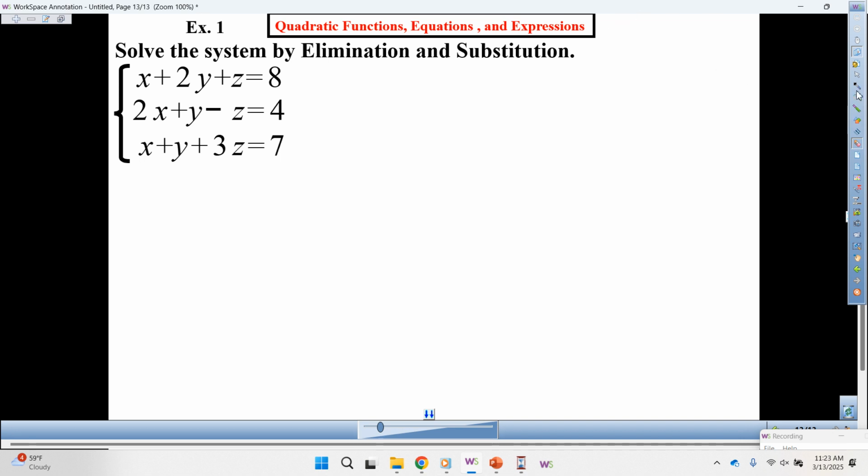All right, here we go. So, we are now given a system in 3 equations with 3 different variables, which means at the end I need to come up with a solution with three different numbers. Is that correct? The first one corresponds to x, the second one to y, and the third one to z.